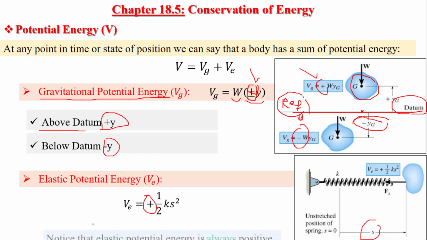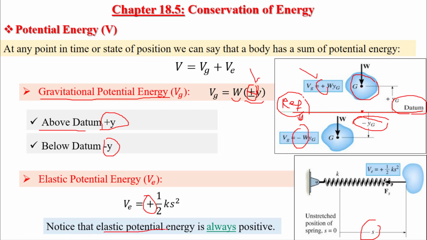So notice that elastic potential energy is always positive because it is stored energy. Even if it is stretching, and if it is compression, again it will be positive. Why? Because it stored energy. It gains energy.